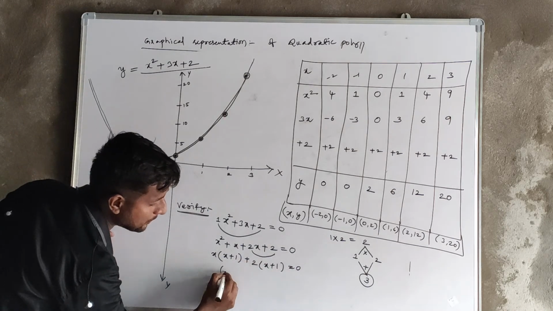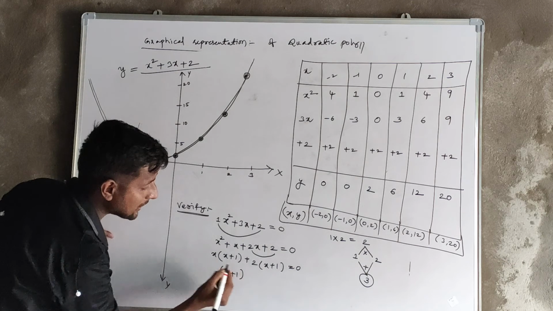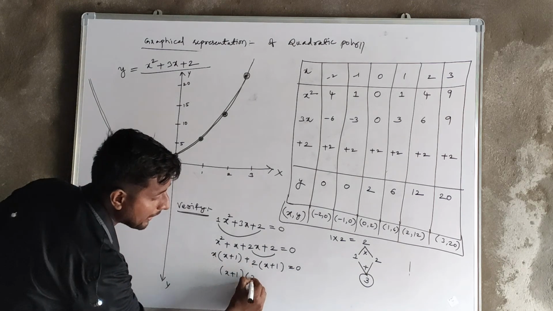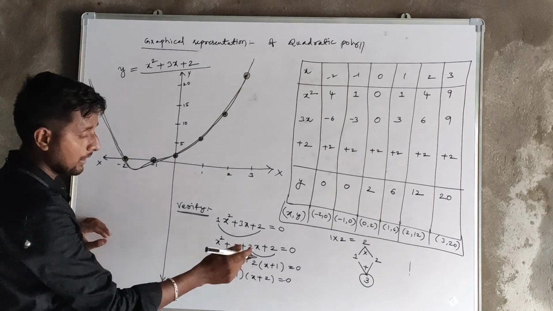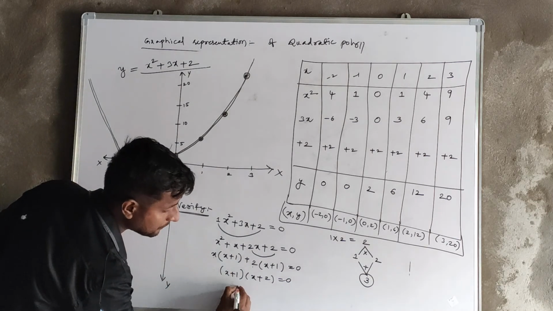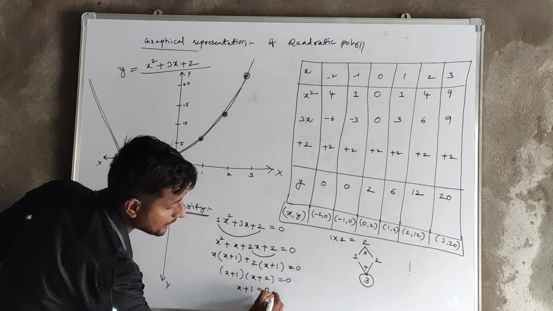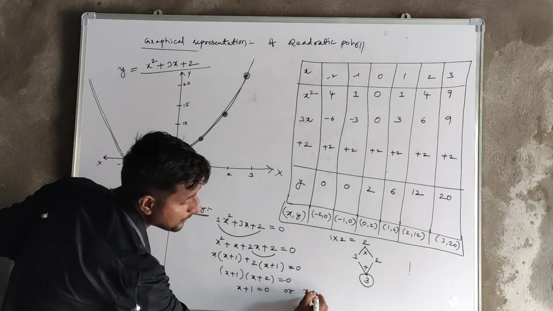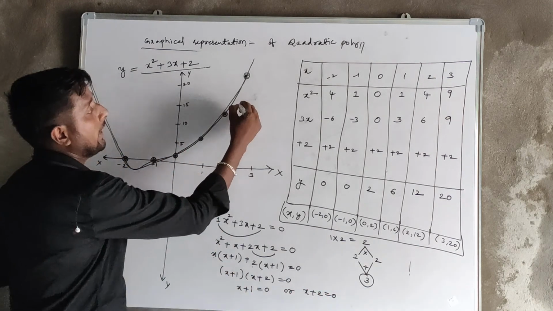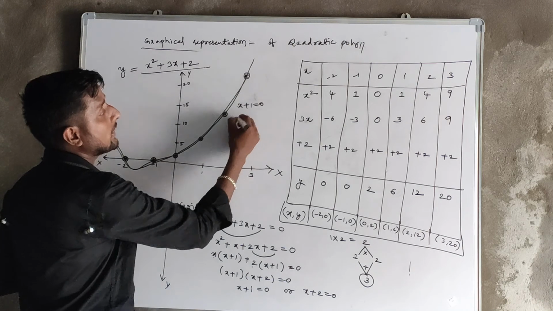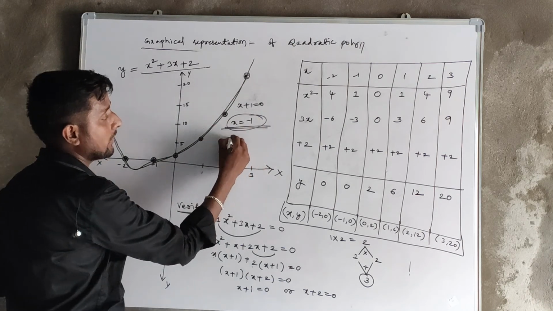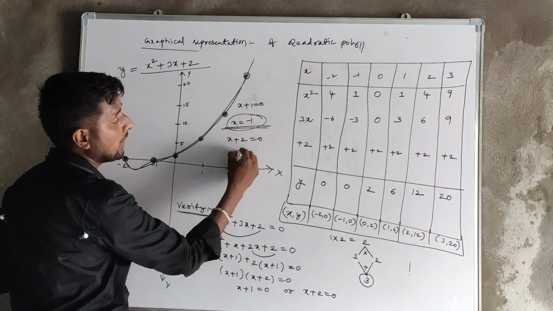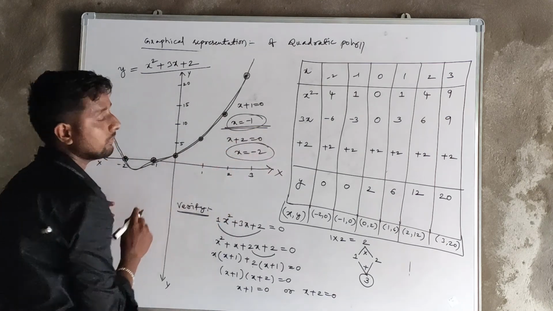So if you take x plus 1, the outer terms are x plus 2, equal to zero. Correct? Now x plus 1 is equal to 0 or x plus 2 is equal to 0. x plus 1 is equal to 0, that is nothing but x is equal to minus 1. Next, x plus 2 is equal to 0, that is nothing but x is equal to minus 2.